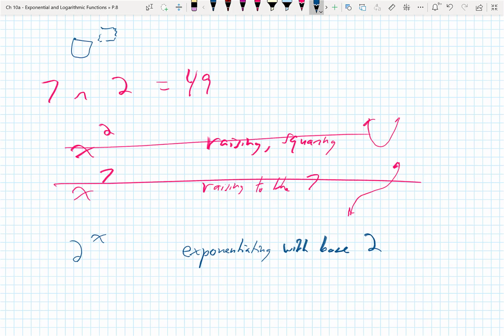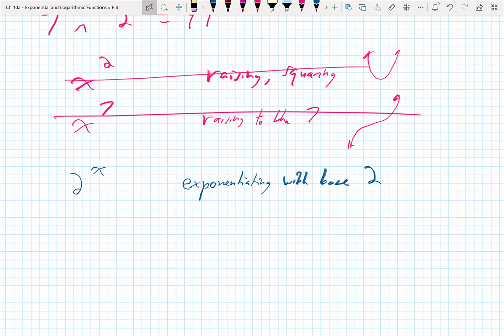Does an exponential operation like this grow faster or slower than squaring? Much faster. X squared looks like this. But let's look at y equals 2 to the x. And I'm going to kind of get this down. This is why I have graph paper on this.